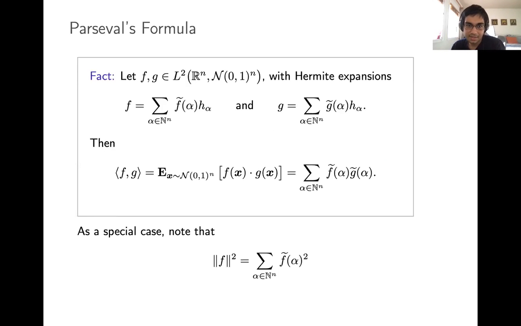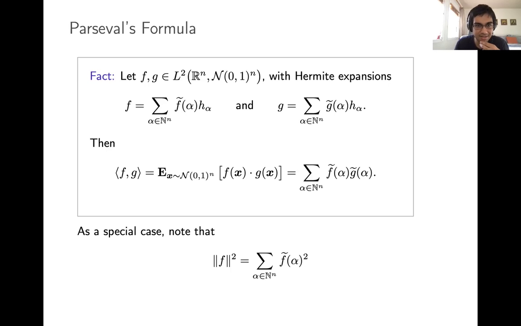An easy consequence of orthonormality of the Hermite basis is that given two functions f and g with these Hermite expansions, the inner product of f and g, which we define to be the expectation of f times g, is nothing but the sum of the products of the corresponding Hermite coefficients of f and g. This is pretty much all the harmonic analysis we'll need.